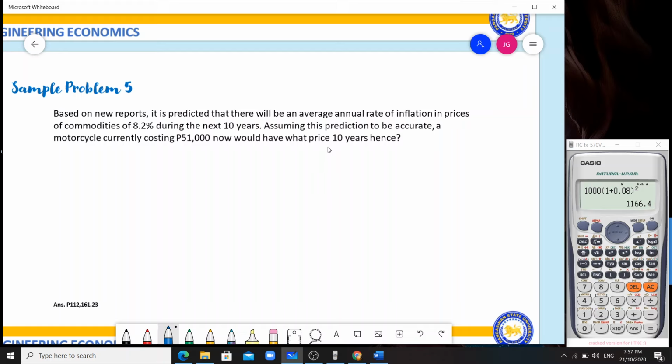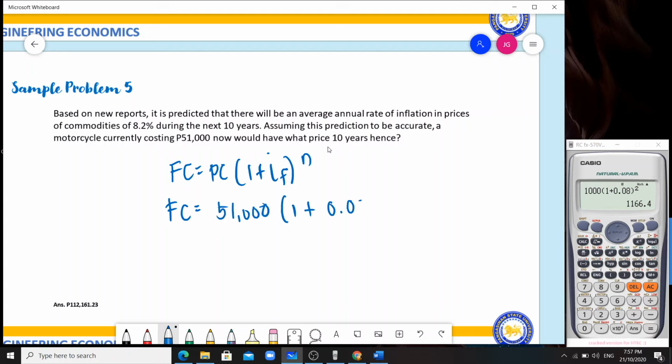So, parehas lang kanina, FC is equals to PC times 1 plus the inflation rate raised to N. So, magkano na daw yung 51,000 na motor ngayon after 10 years kung ang annual inflation ay 8.2%. Yan, 10 years.